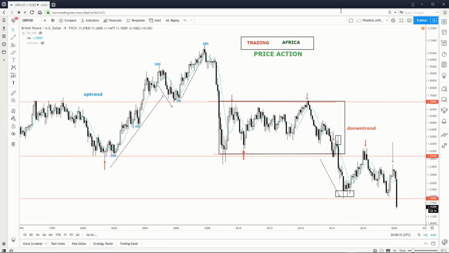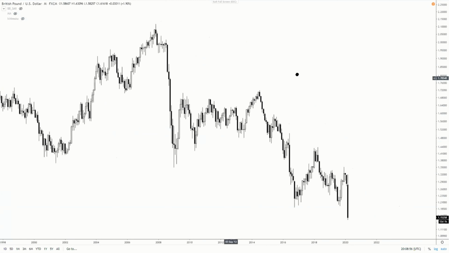Okay, I know you may be asking yourself how to become a pure price action trader. First of all, you need a clean chart, like this. We need to remove these indicators from the chart. Make sure that you have a clean chart like this.